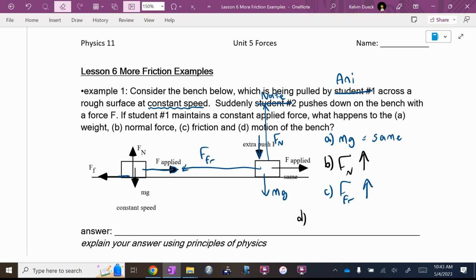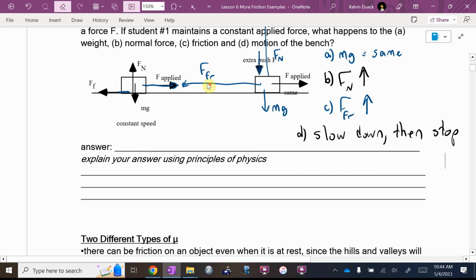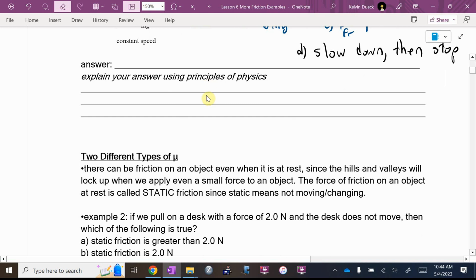But the fact that I know I'm moving right and friction is now winning, it's going to slow, and come to a stop. So, slow down, then stop. Is that okay? It says explain your answer using principles of physics.